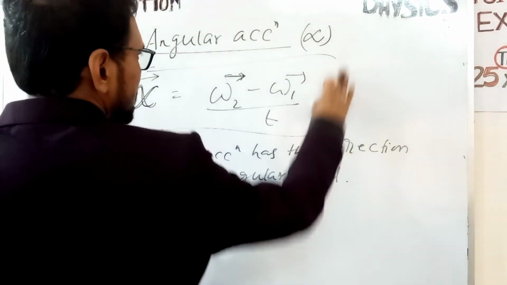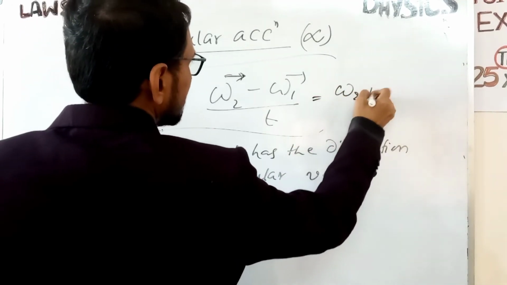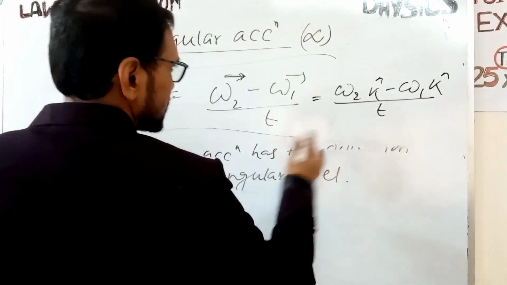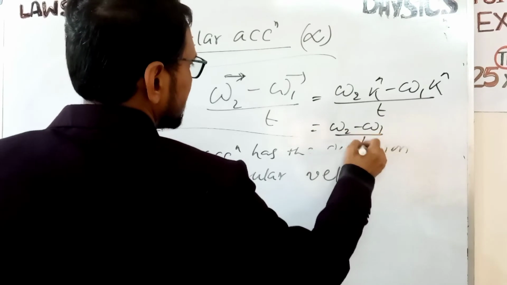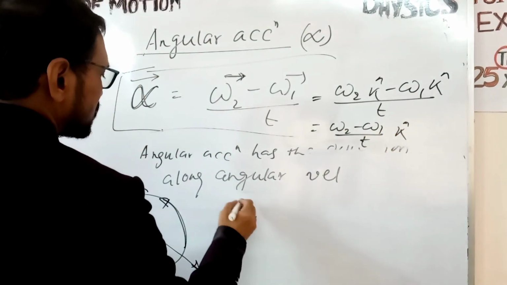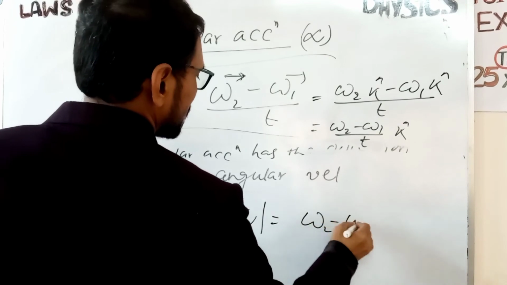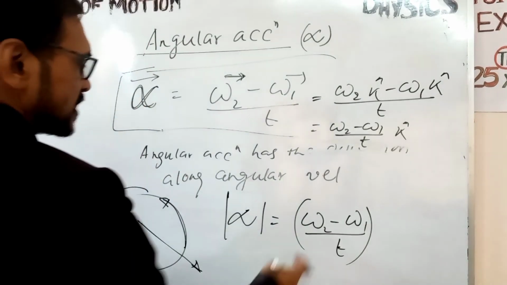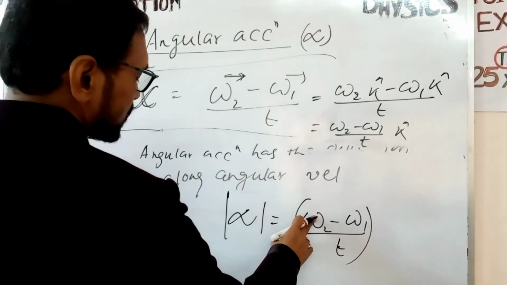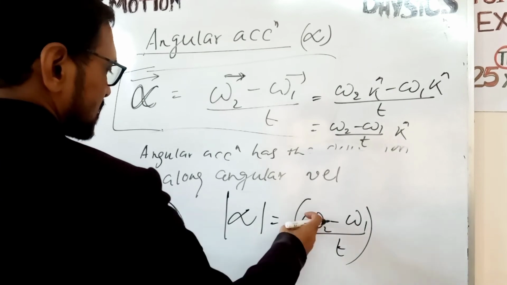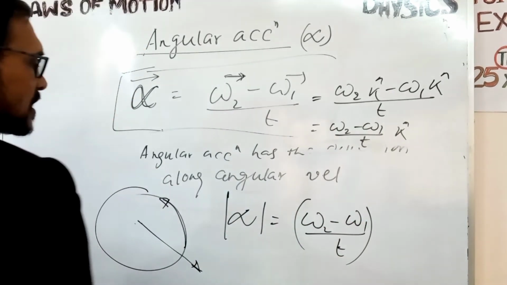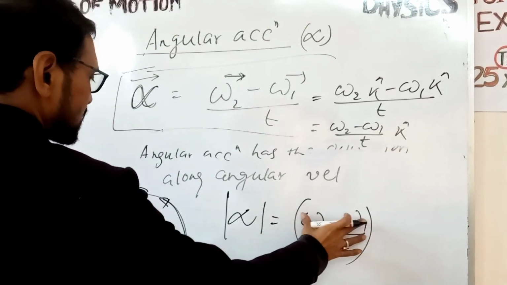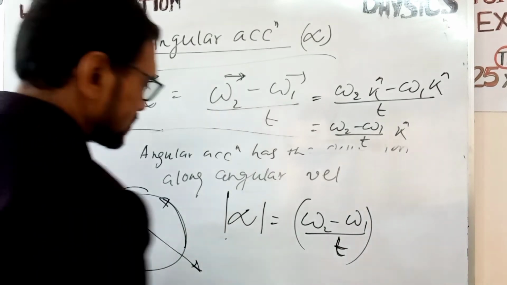Suppose this direction is k cap, so we write magnitude into k cap, that is omega 2 minus omega 1 by t into k cap. If we take the magnitude, we get omega 2 minus omega 1 by t. So this is the magnitude of angular acceleration. Here the direction is the same, so we just subtract the magnitudes of the two angular velocities over the time.